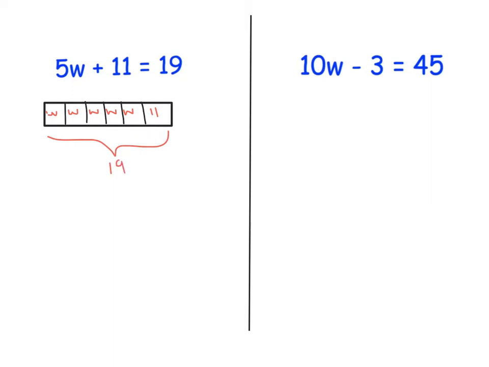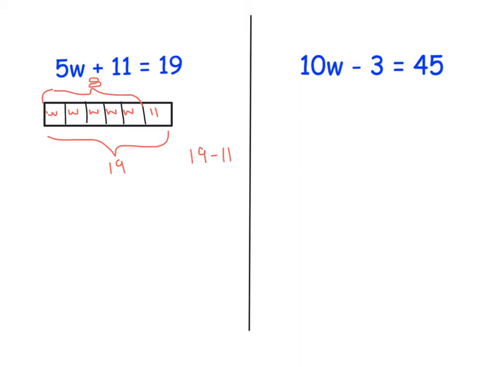Well then, I can find out what all of this is by doing 19 take away the 11. So 19 take away 11 is 8. So all of those w's is 8.